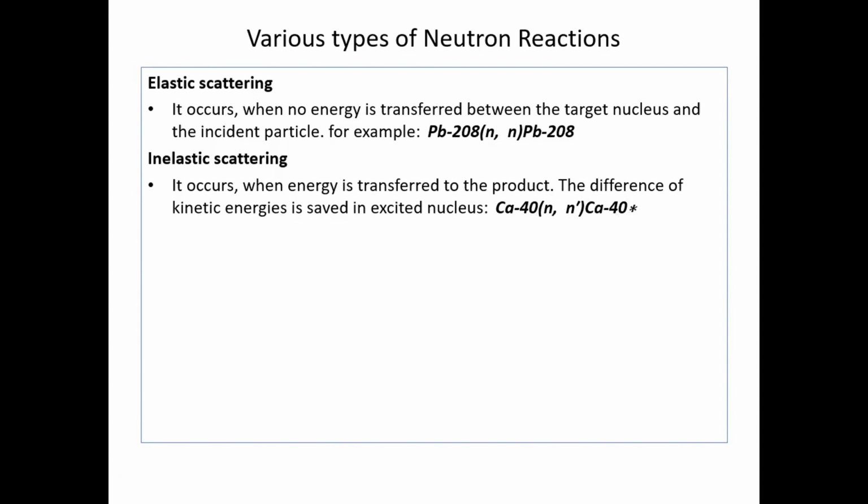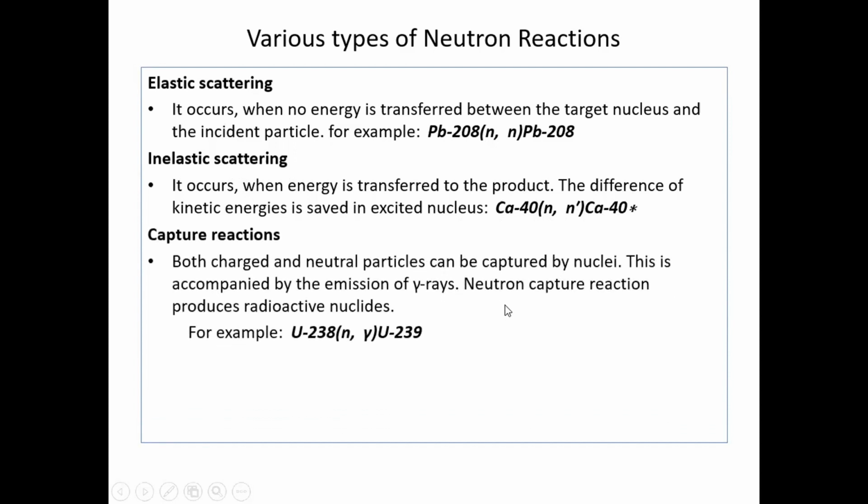When it de-excites, it will emit some form of energy. And the N dash is also a neutron which is produced, which is coming out, and it is not the same neutron. It is with a different energy going in a different direction, and therefore this reaction is inelastic scattering.